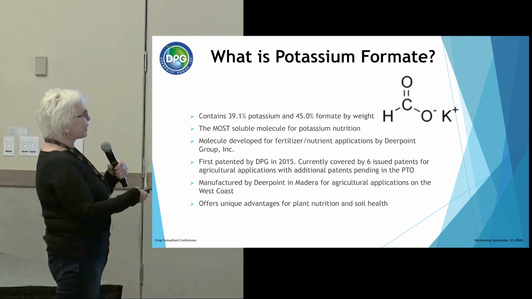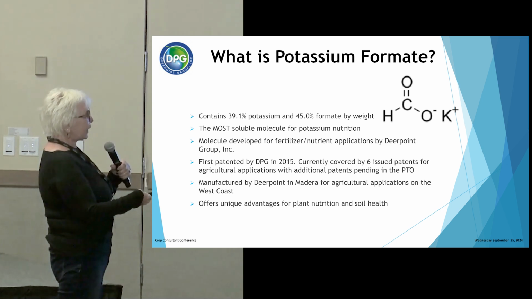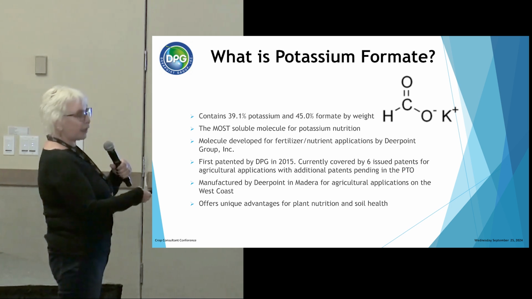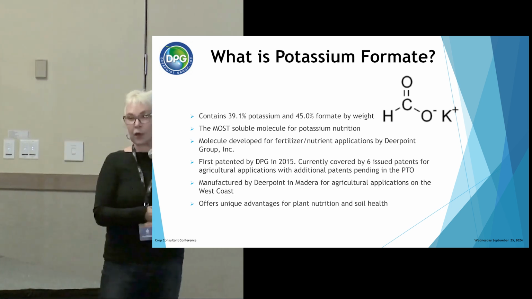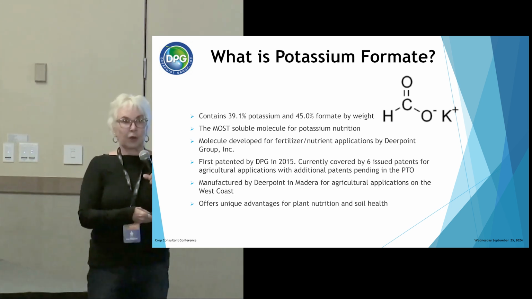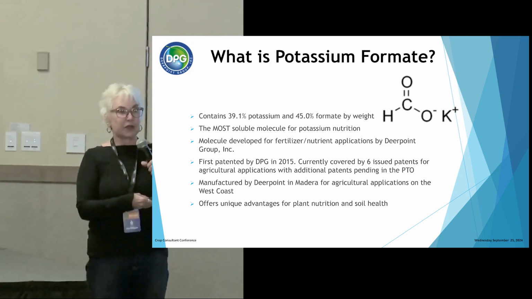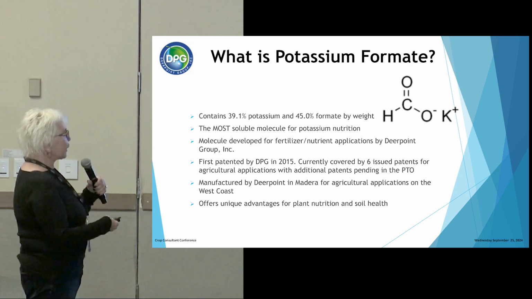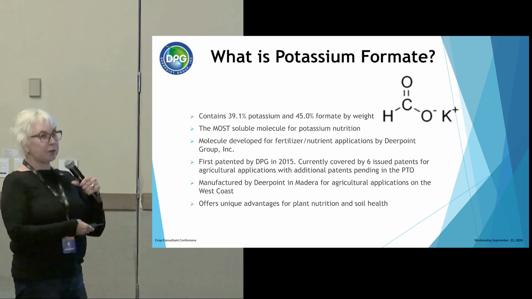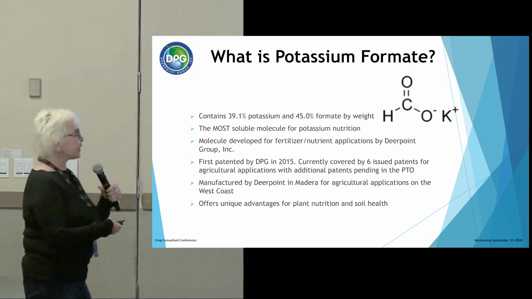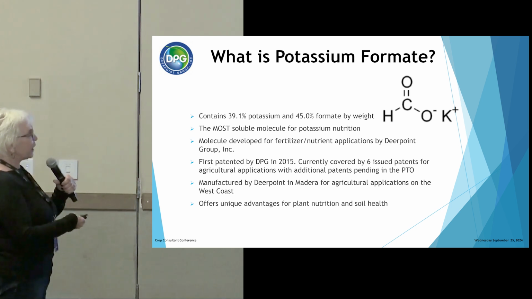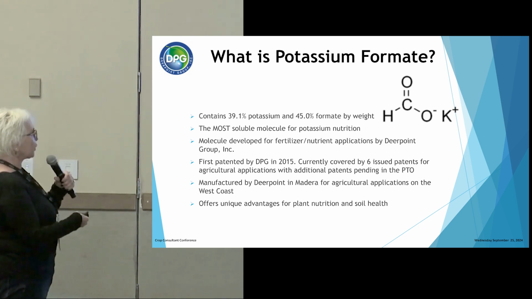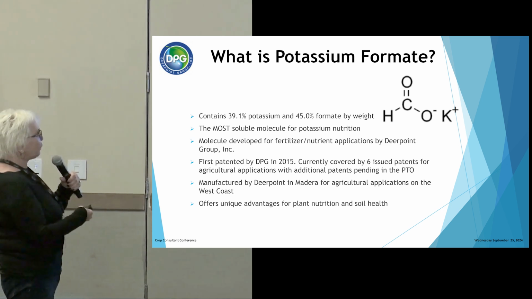And so here, all potassium exists as a +1 cation, and then really solubility ends up being governed by what is this anion, what is its size, what is its likability to water? Is it hydrophobic or hydrophilic? And what you'll see here is how small the formate anion is. That's a pretty small anion compared to some of the other potassium molecules that are used for nutrition.